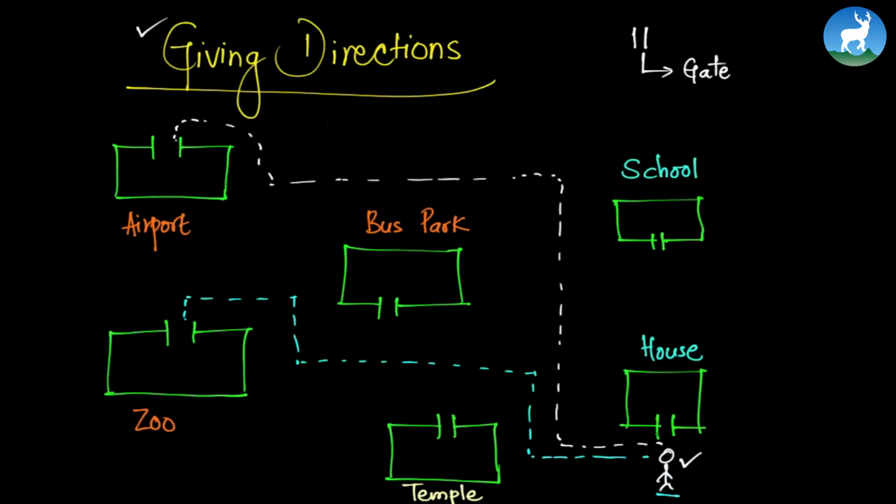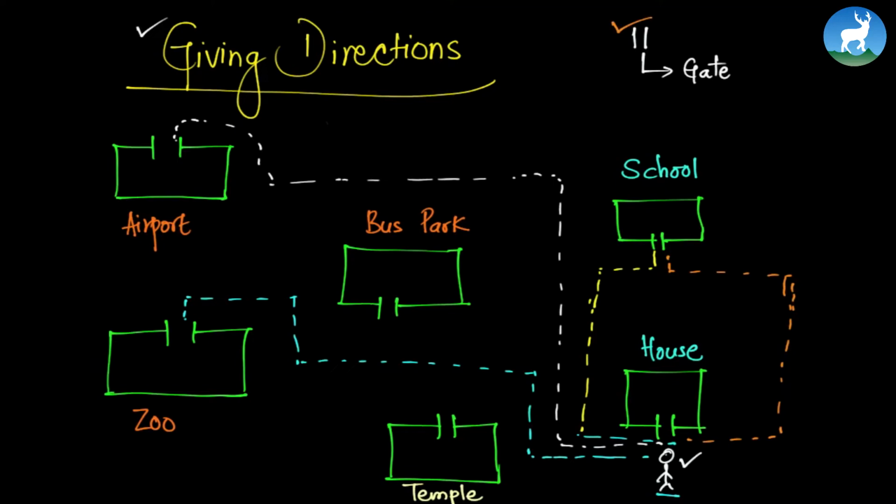How would you walk from house to the school? You can either walk from here or you can go from another direction. This is another way of reaching your school. We are assuming that these black spaces are the roads, and this pair of parallel lines is the gate.